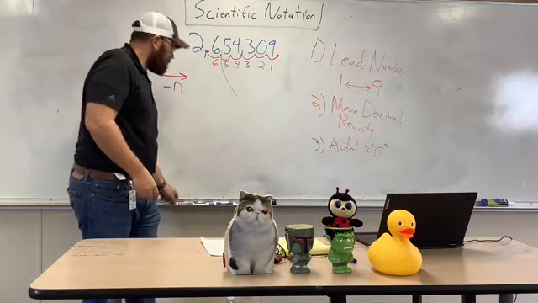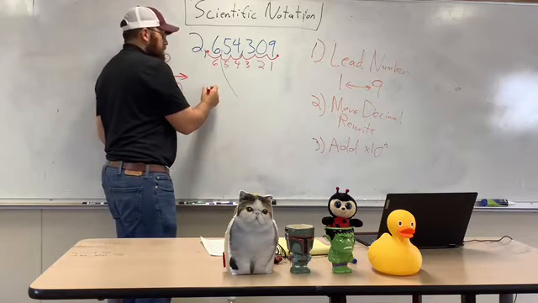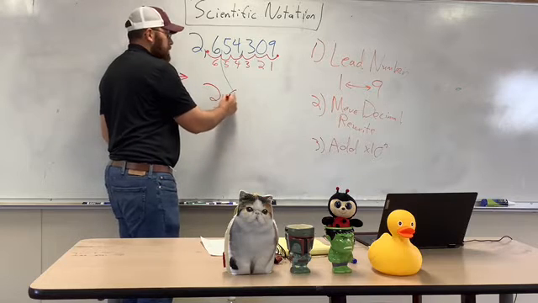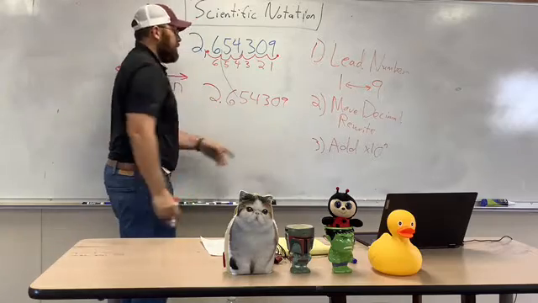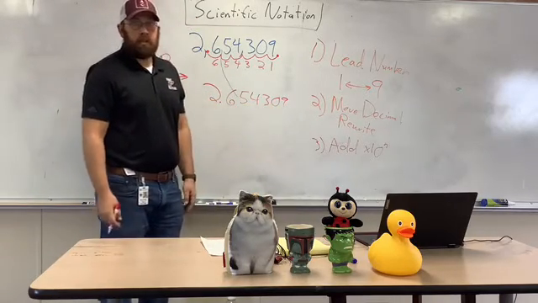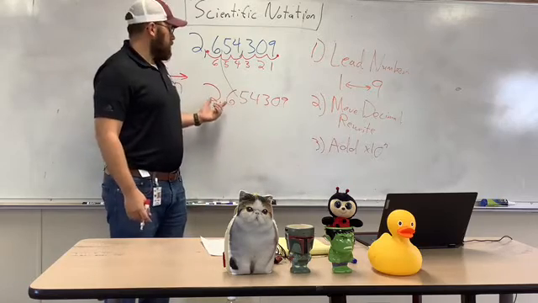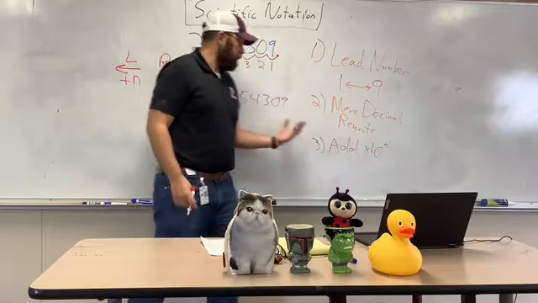Part 2. Well, I should keep my red marker out. We moved the decimal, so now it's 2.654309. The only thing we did different is we moved the decimal to where it needs to be. So now the lead number is between 1 and 9. We moved the decimal and we rewrote it.